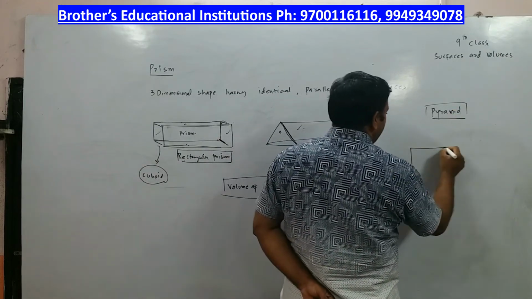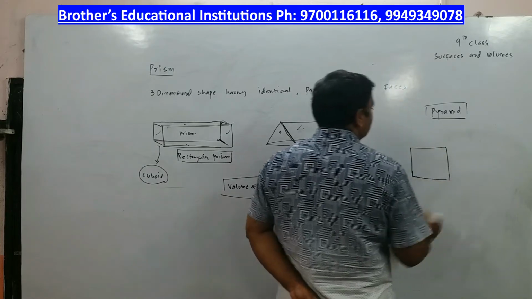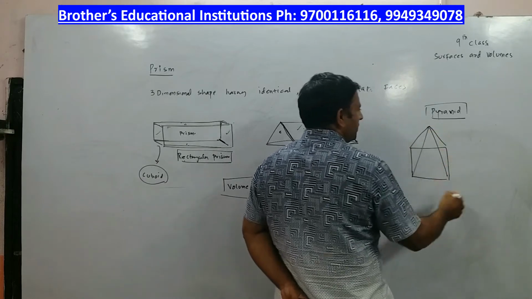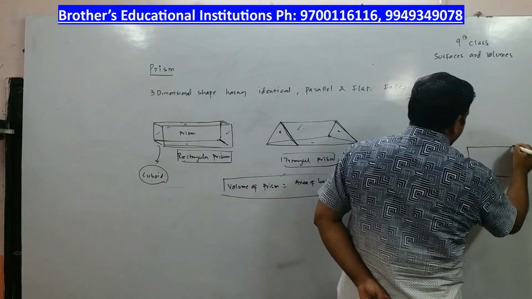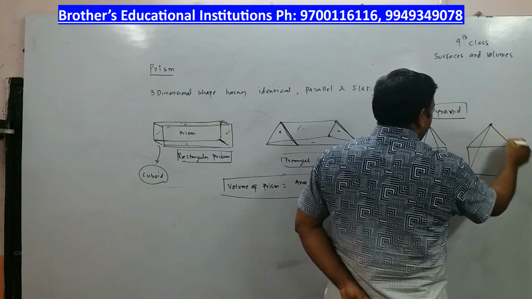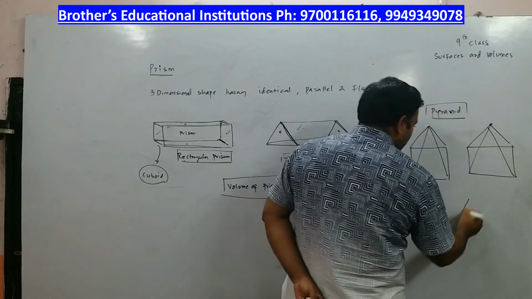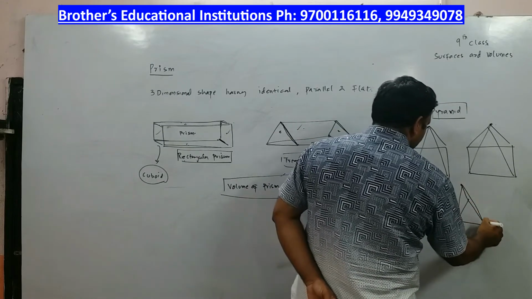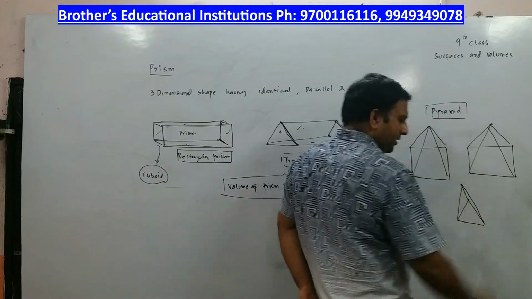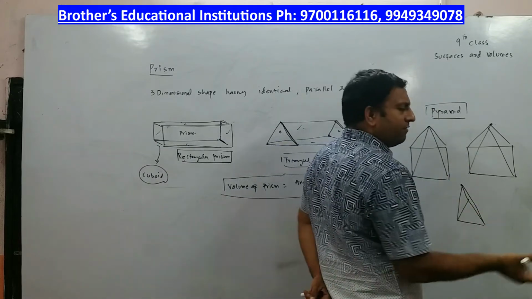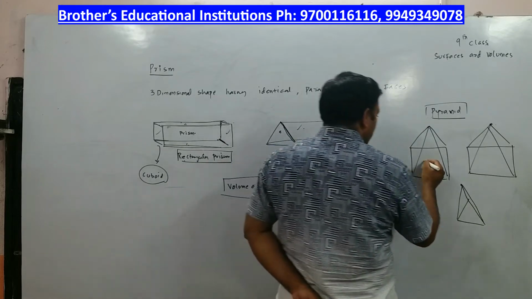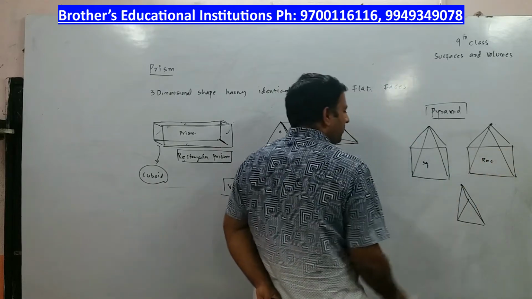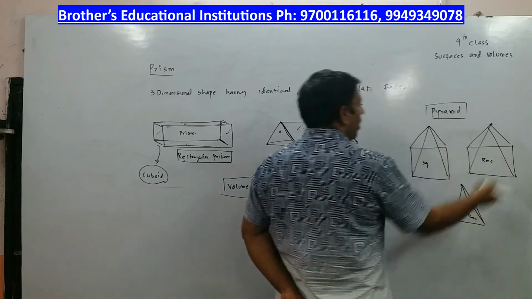You will have a pyramid having a square base, or a pyramid having a rectangular base, or you can also have a pyramid having a triangular base. This is sometimes also referred to as a tetrahedron. So this is a pyramid with a square base, this is a pyramid with a rectangular base, and this is a pyramid with a triangular base. So these are all pyramids.